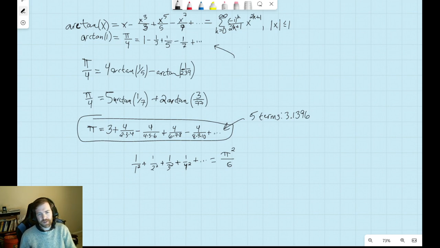So Euler figured this one out. The exact sum for the reciprocal squares says that if we take 1 over 1 squared plus 1 over 2 squared plus 1 over 3 squared, etc., going on forever, you end up getting pi squared over 6.